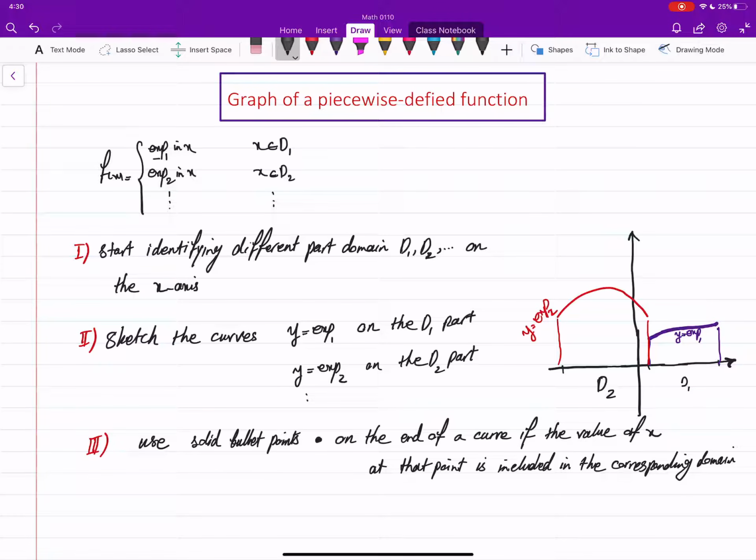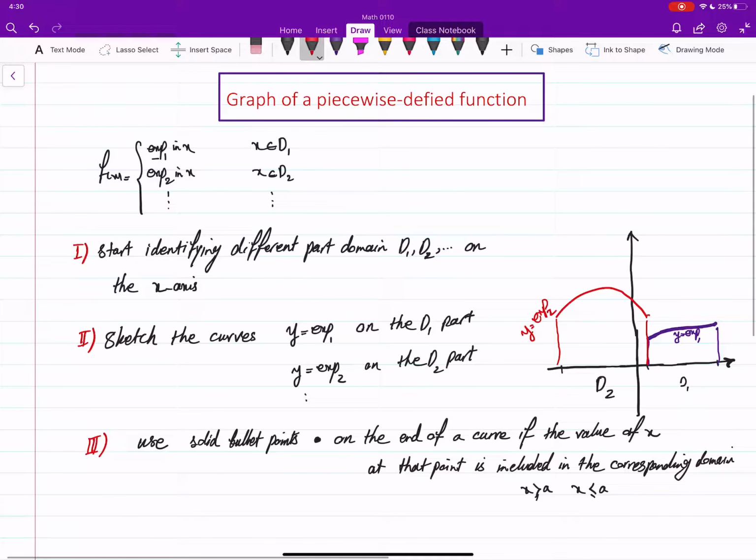In other words, if you have x bigger than or equal to a or x less than or equal to a, and let's say x less than or equal to a in this case is included in domain 2, you put a solid bullet at the end of the curve related to expression 2 to emphasize that yes, that point includes that value.